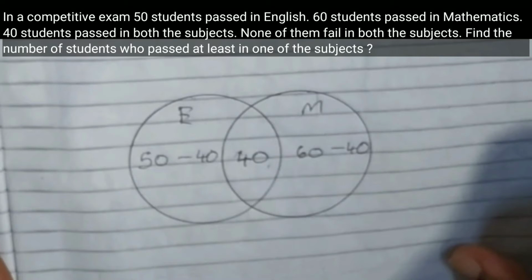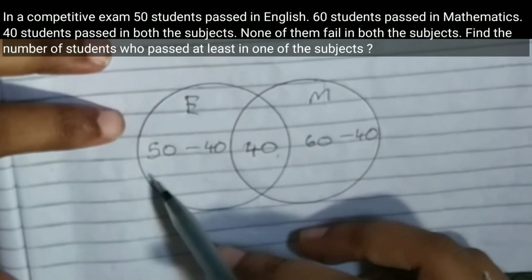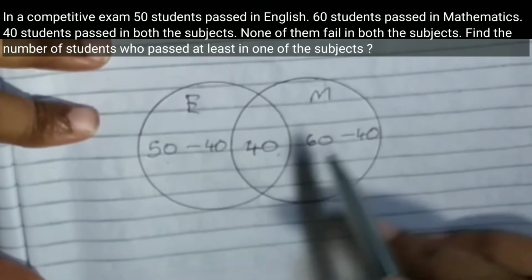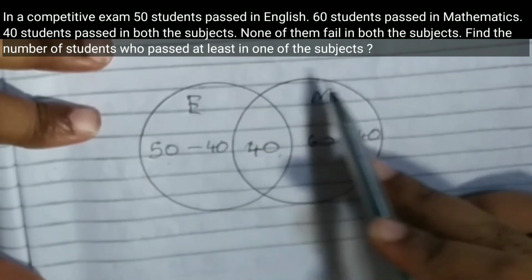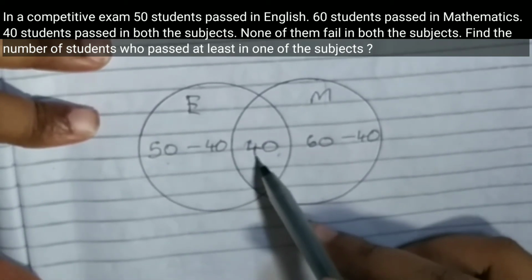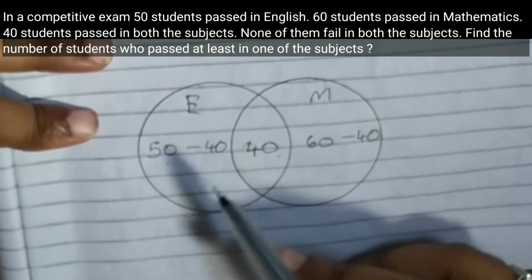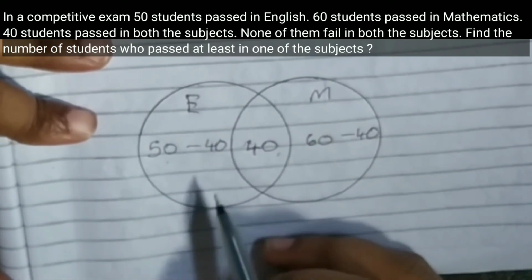We can solve the same example by using a Venn diagram also. Let's see how. See, total how many students passed in English? 50 students. And total 60 students passed in mathematics. Now 40 students passed in both. Now how many students passed in only English?